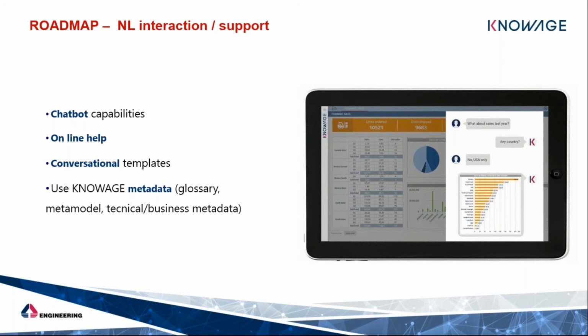In this way, you can configure and set the natural language interaction or the conversational template to provide general support to your user as a kind of online help, as well as to support the user for the right document and data he's looking for, as the picture is showing you here.